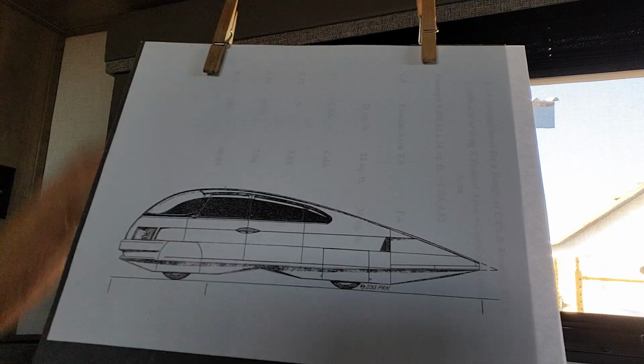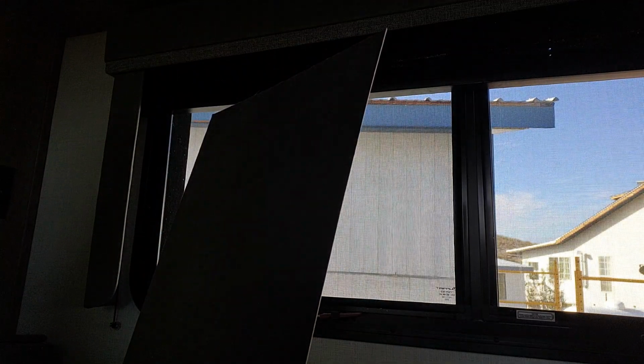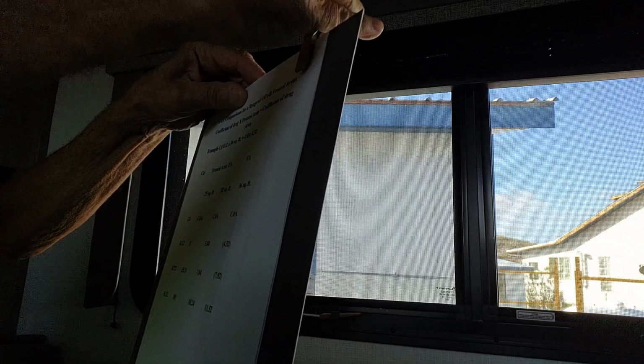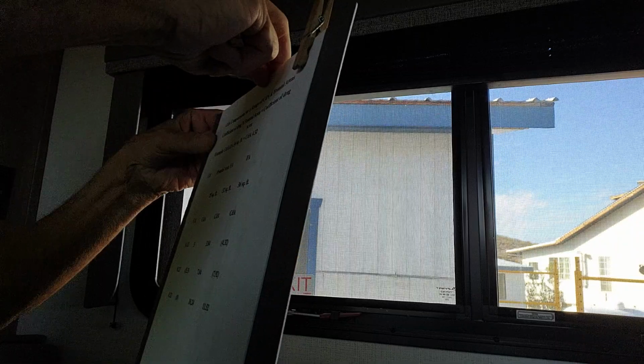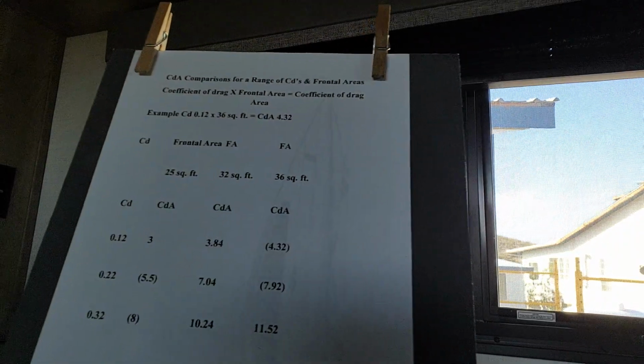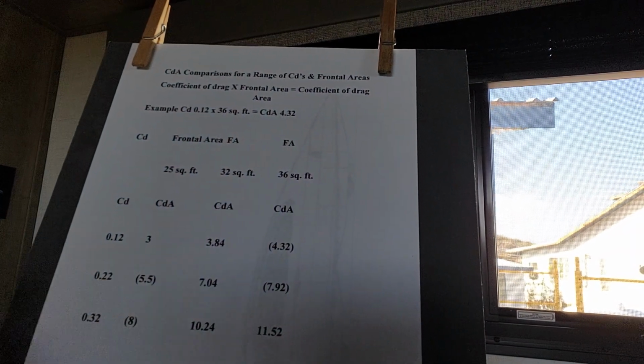I'll give you one more look at this form, this table I made. So this is Tesla territory right here, 0.22.